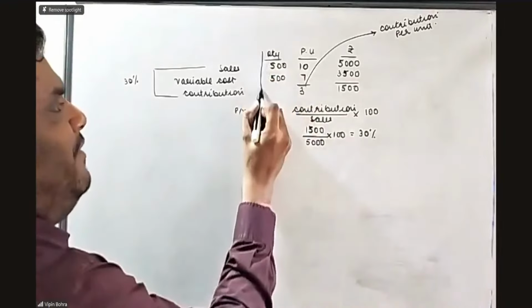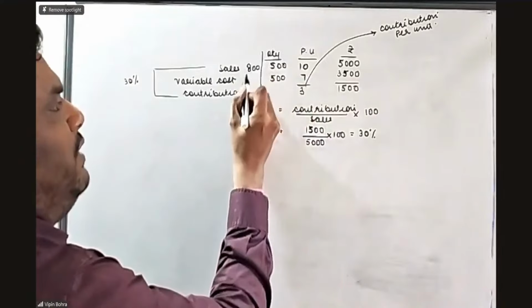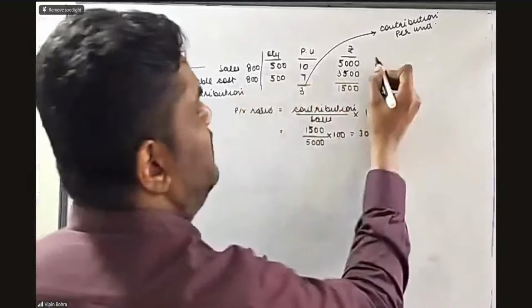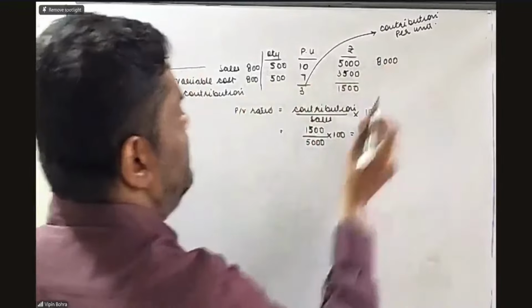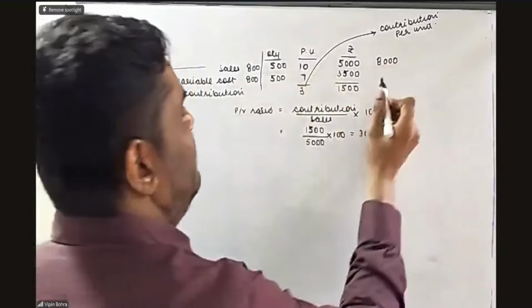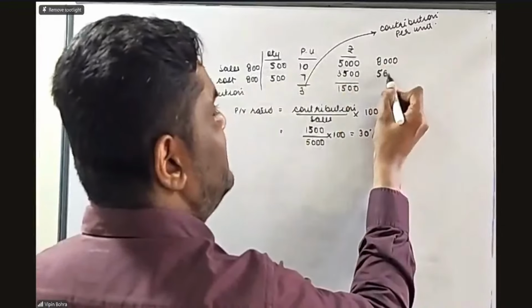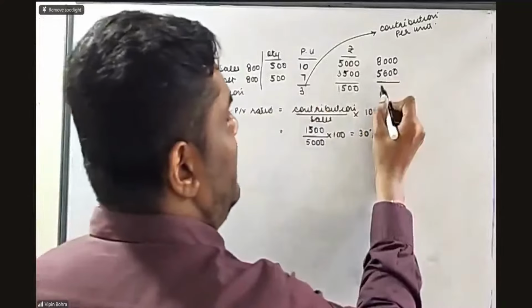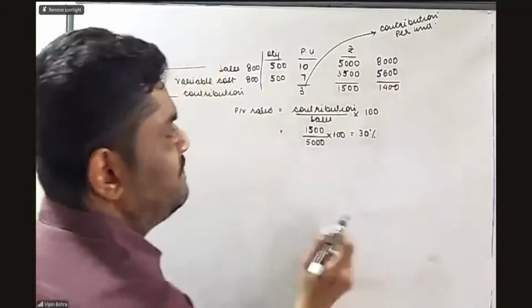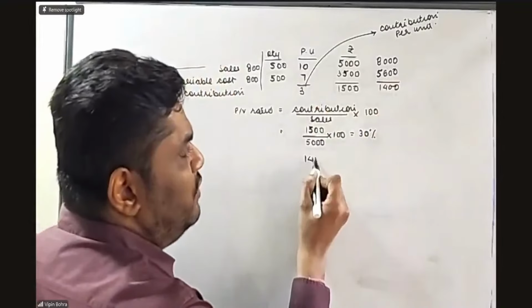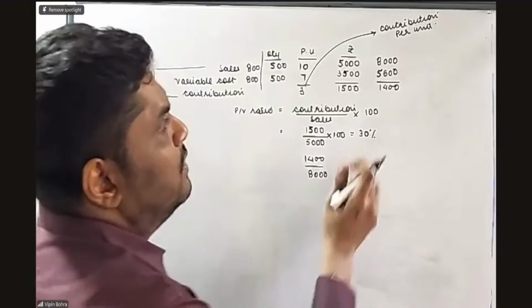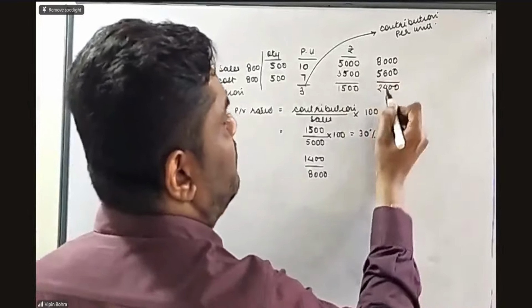So if we are manufacturing 800 units, my sales will be how much? 800 into 10, 8,000. 800 into 7, 5,600. So my contribution will be how much? 2,400. So my PV ratio will be how much? 2,400 divided by 8,000.